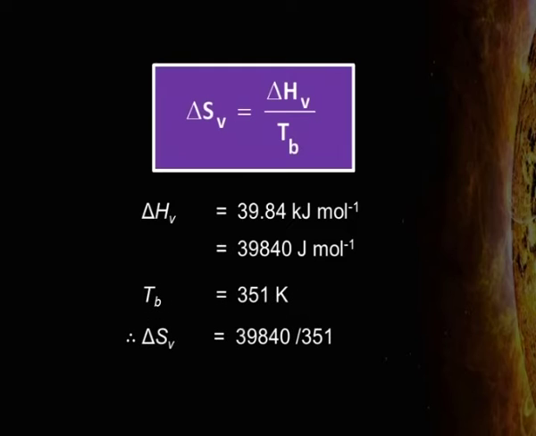Therefore, delta SV will be equal to 39840 divided by 351, which is equal to 113.5 joules per Kelvin per mole.